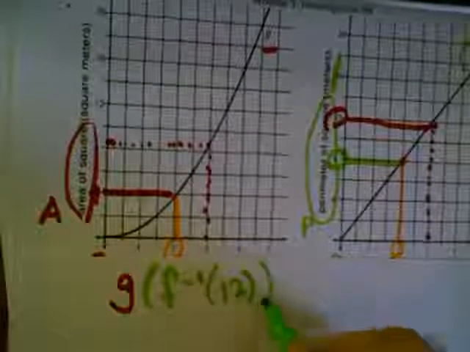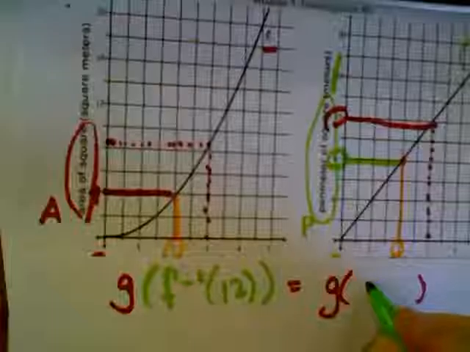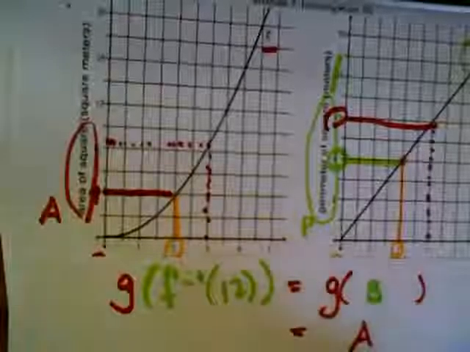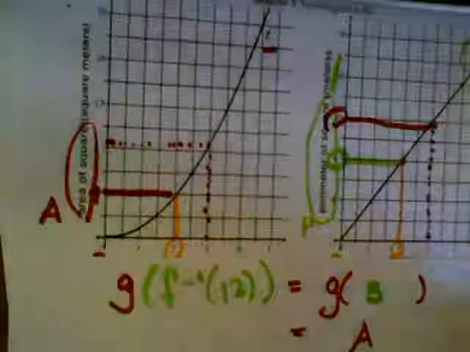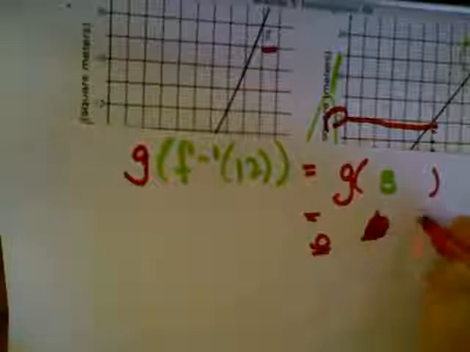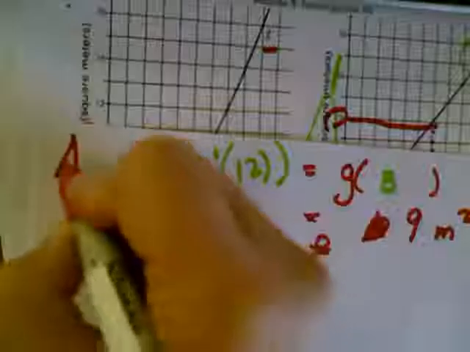So g applied to f inverse of 12 is going to be the same thing as g applied to 3. And g of 3 gives us an area which is 9 meters squared.